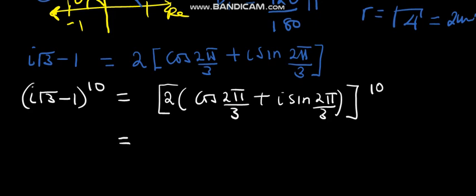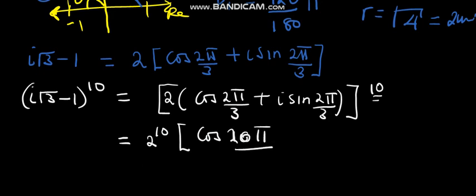This is the same as 2 to power 10 open brackets cos. We are going to get 10 times this angle, which is 2 times 10, that is 20π out of 3, plus i sin 20π out of 3.